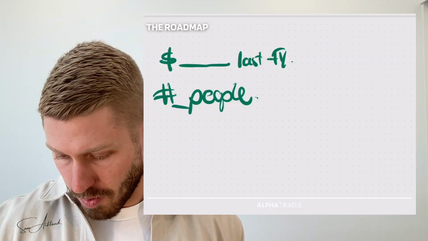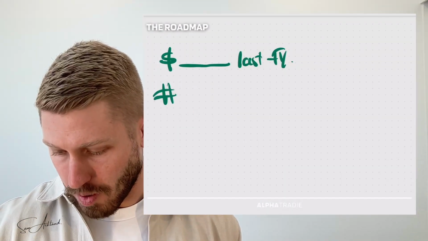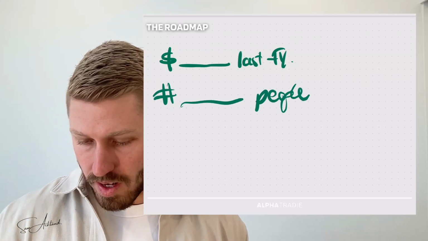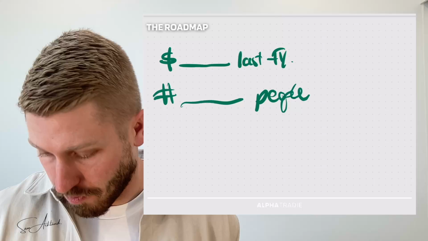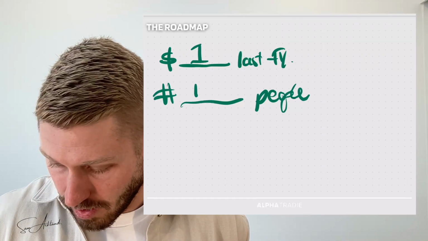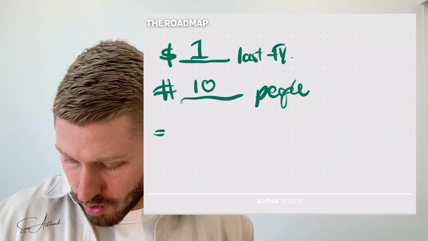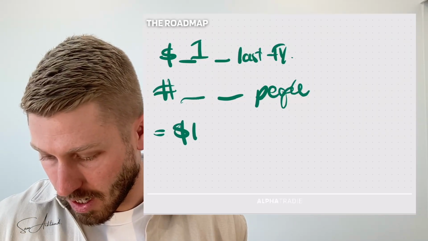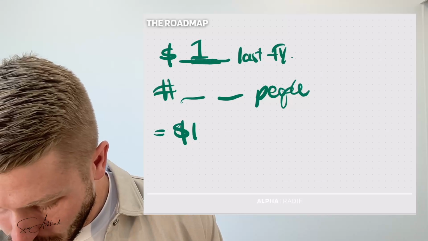But note down your number of people, your revenue for the period, and number of people. What we need to do is, let's just say for whole figures, we had $1 million last year and we had 10 guys. That equals each person can, or actually that's a bit undershooting the mark there.